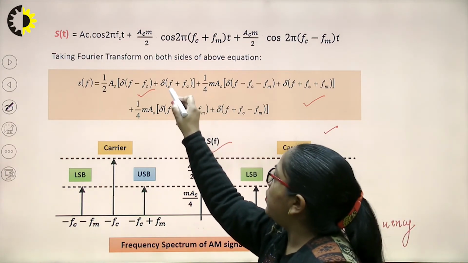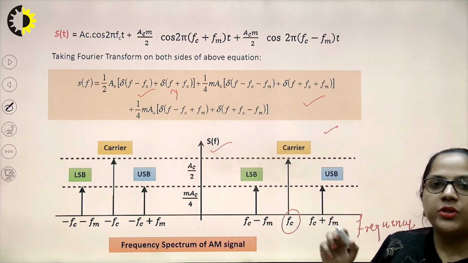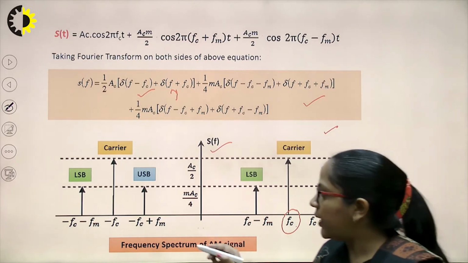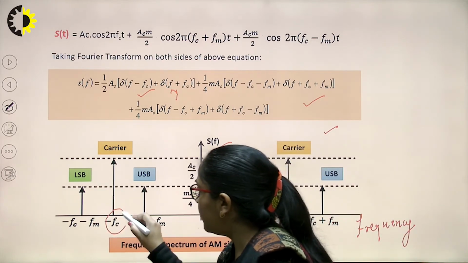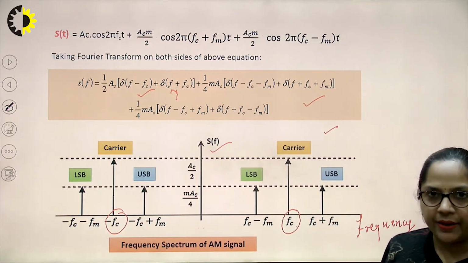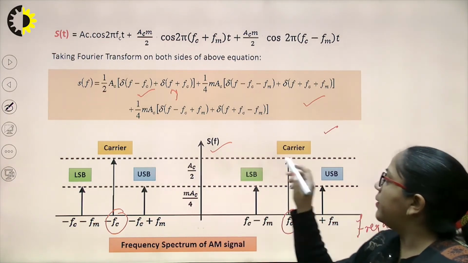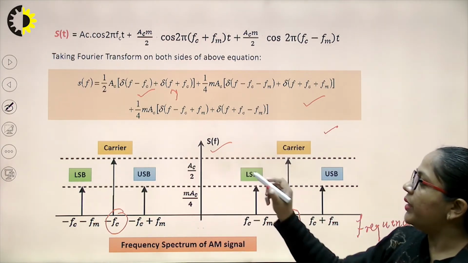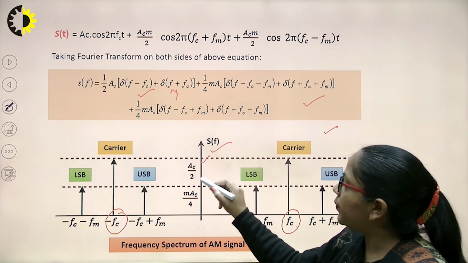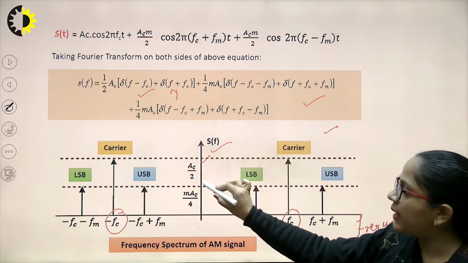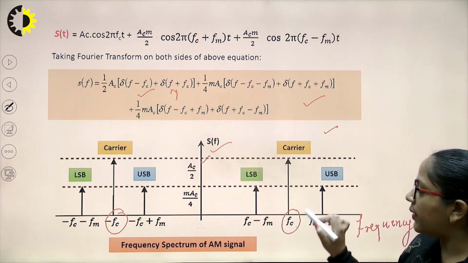This particular portion will exist when f is equal to minus fc. So, we have drawn here f equal to minus fc. The amplitude of the carrier at this point is AC by 2. So, here we have mentioned the amplitude of this function.